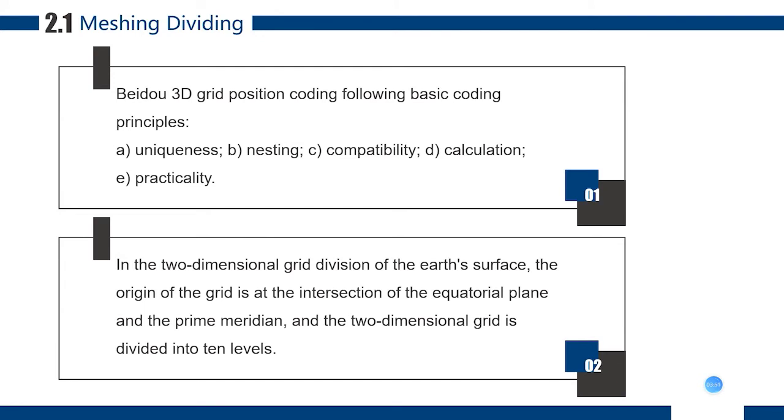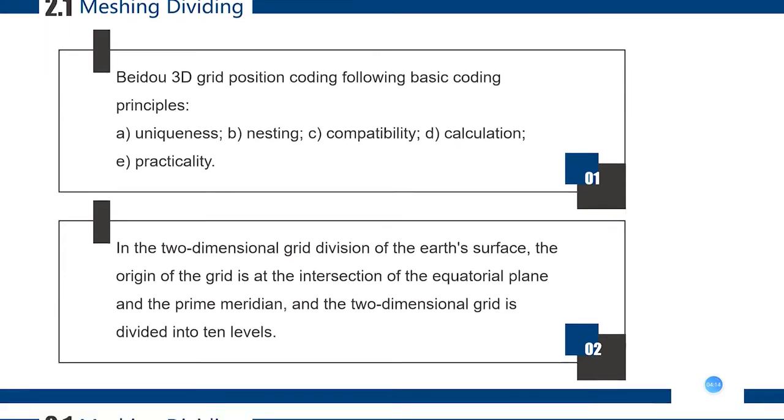In the two-dimensional grid division of the Earth's surface, the origin of the grid is at the intersection of the equatorial plane and the prime meridian, and the two-dimensional grid is divided into 10 levels. Okay, let's see the encoding rules.